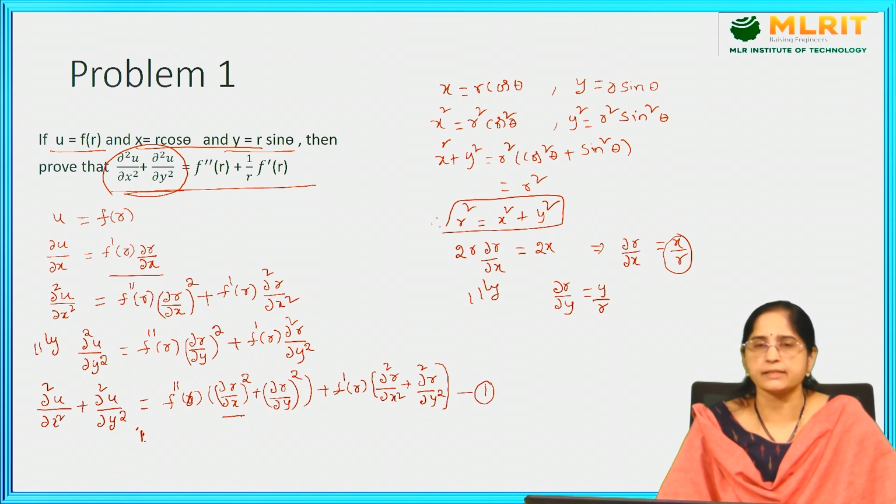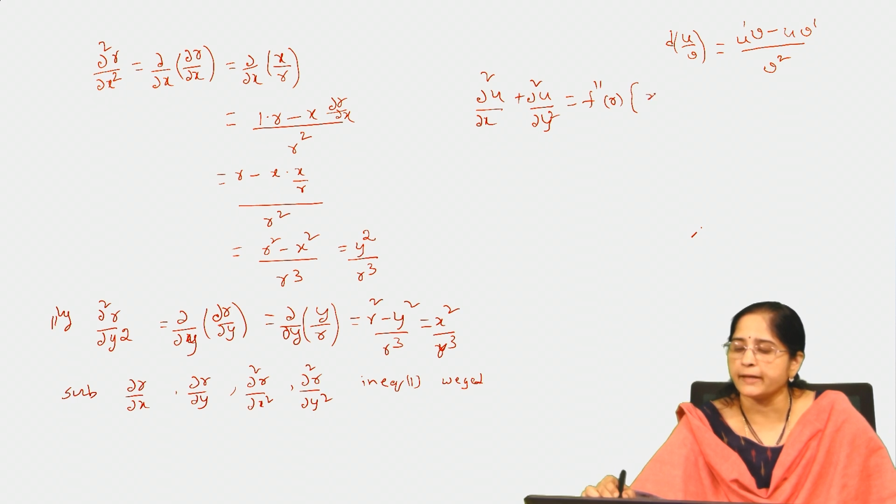Dou r by dou x is x by r, so the square is x square by r square. Plus dou r by dou y is y by r, so the square is y square by r square.